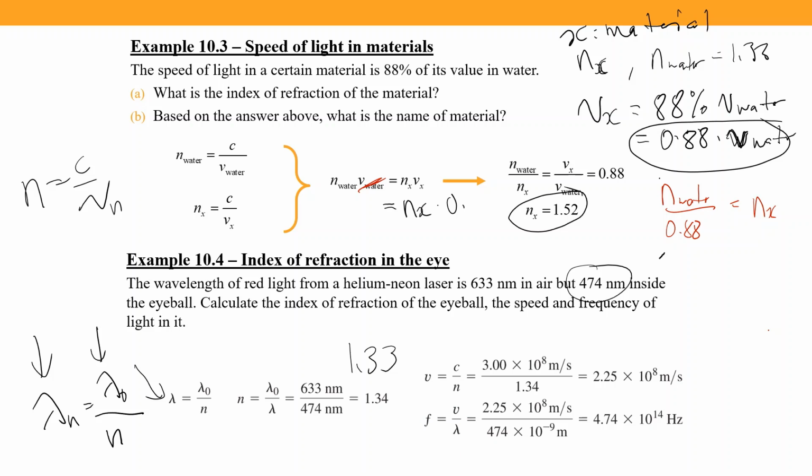And finally, what is the frequency? Frequency can be calculated using this equation, f equals velocity over lambda. Velocity is what we have calculated here, and lambda is this lambda because we are calculating it for the eyeball. You will get the answer as 4.74 times 10 to the power of 14 Hertz.